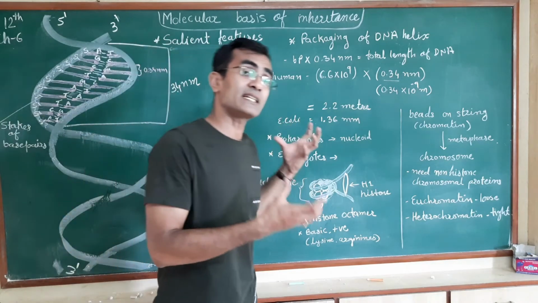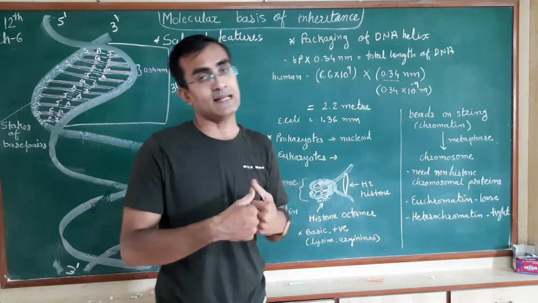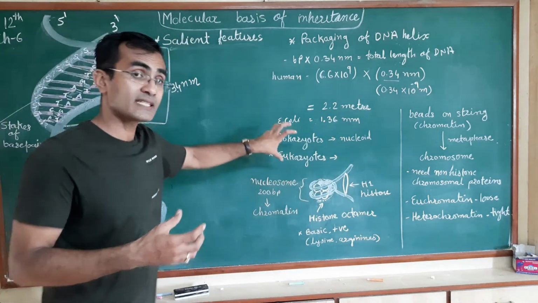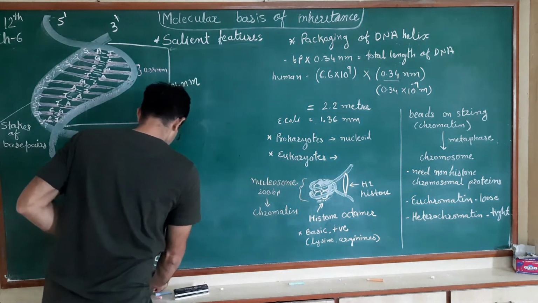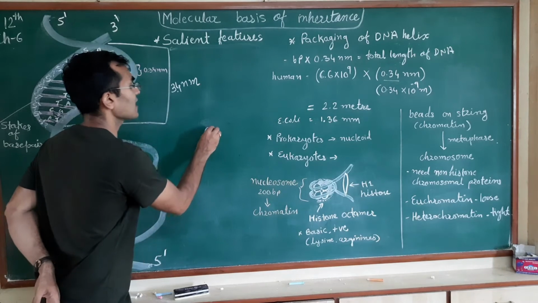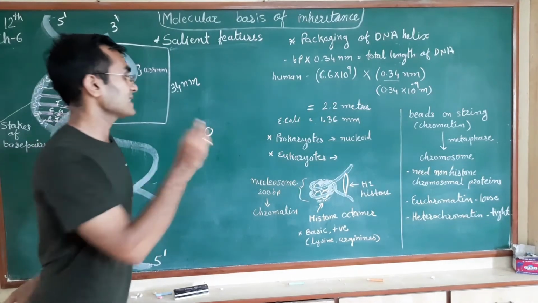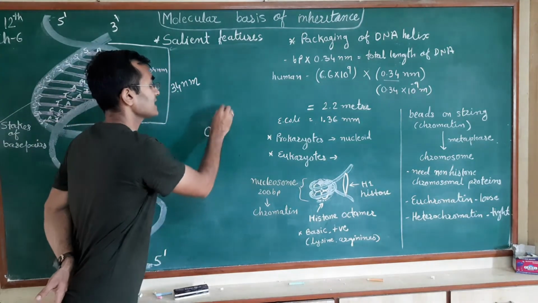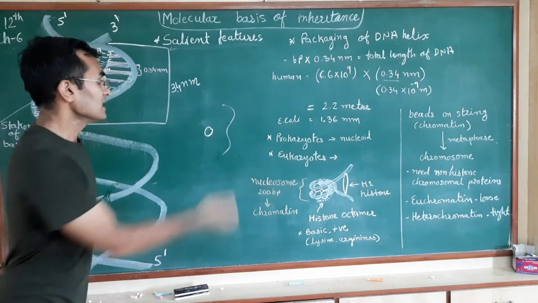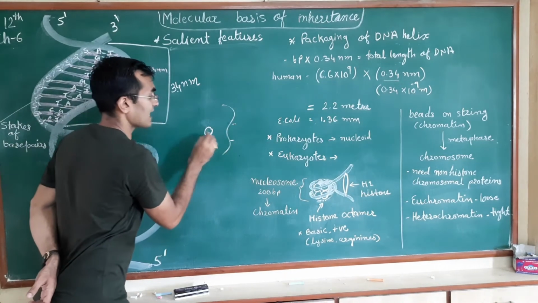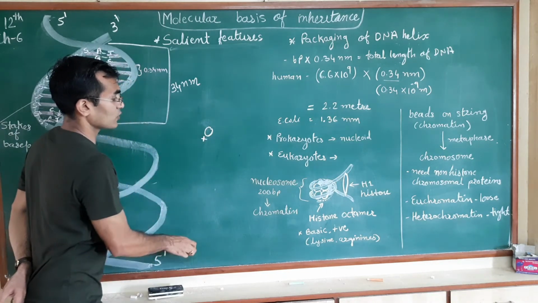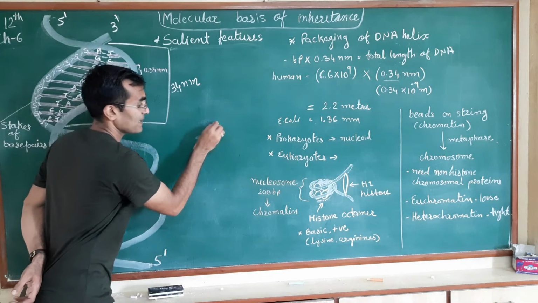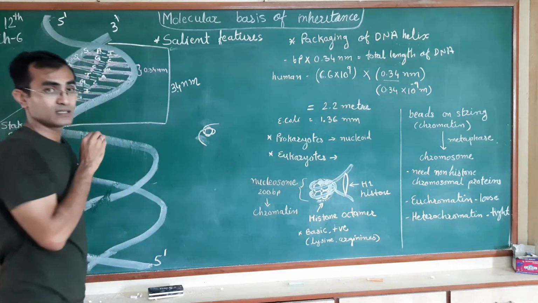So there are certain proteins present inside the prokaryotic cells which are positively charged. Now suppose this is a protein molecule, and this is the DNA. This DNA is negatively charged and this protein is positively charged, so the DNA will start getting wrapped on this.